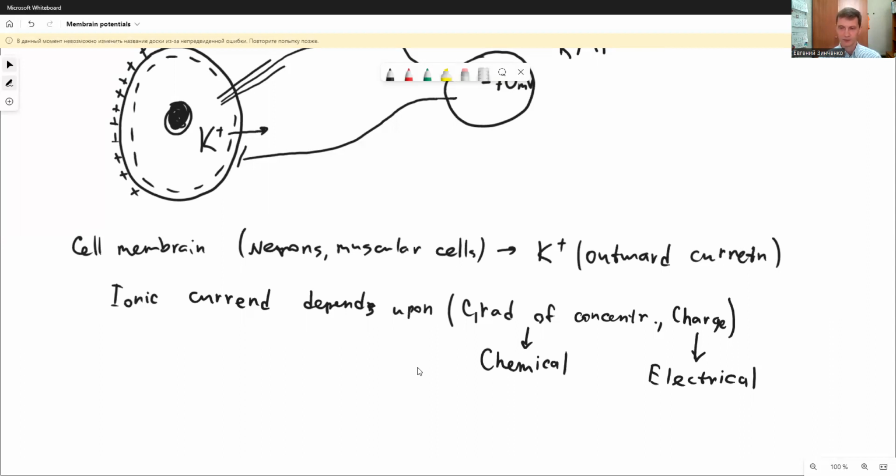And when the chemical and electrical forces are equilibrated and the movement of the ion through the membrane stops, another value of membrane potential will be achieved. These changes of membrane potential and their reasons influence the dynamics of the process of excitation.